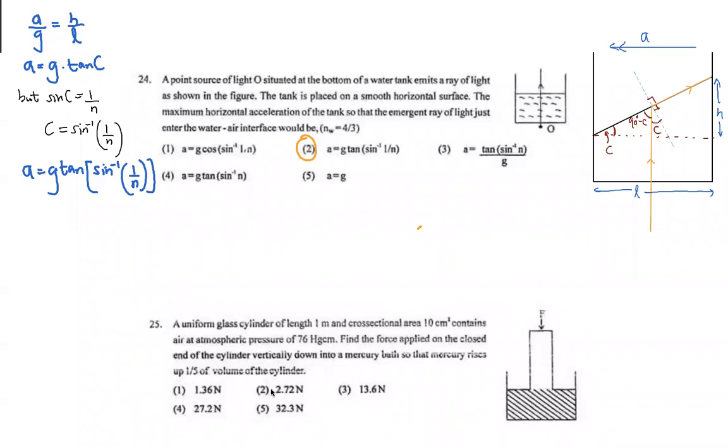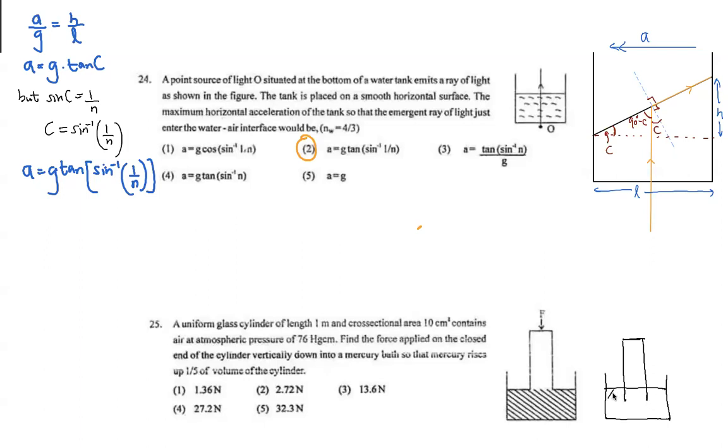Interesting. We need the system to change like this. That's what they are asking. Okay, let's see if you can figure this out. We want it to immerse 1/5 of its initial volume, this way.